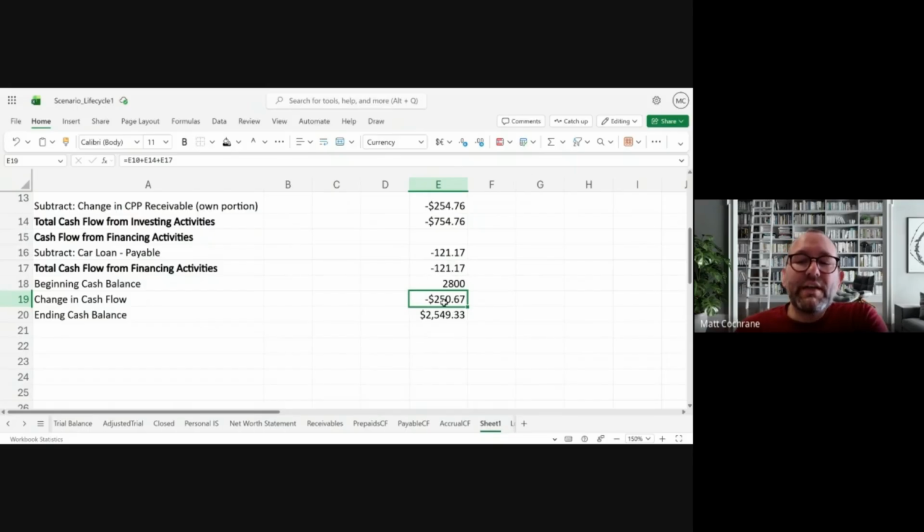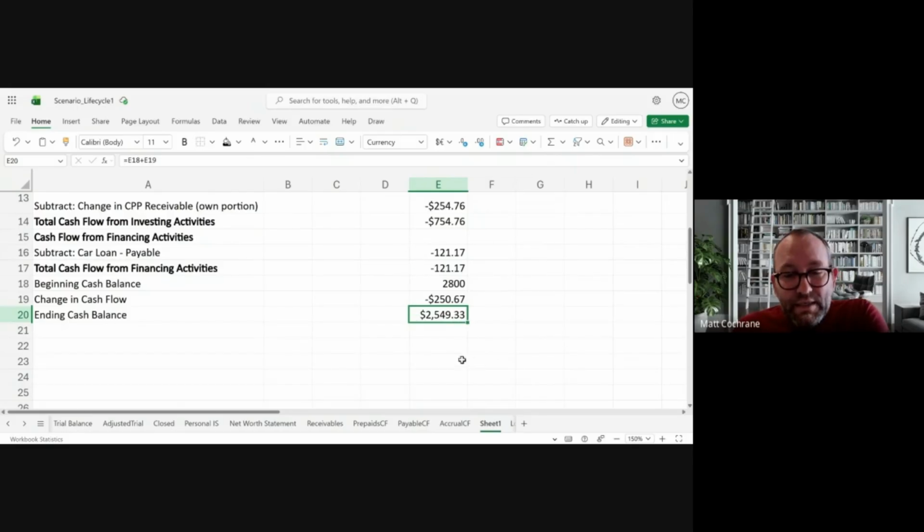So we've used up $250.67 in total of cash, which means that the 2,800 now at the end of month, again, assuming we've reconciled and all the transactions are correct in our journal, the ending balance should be $2,549.33.